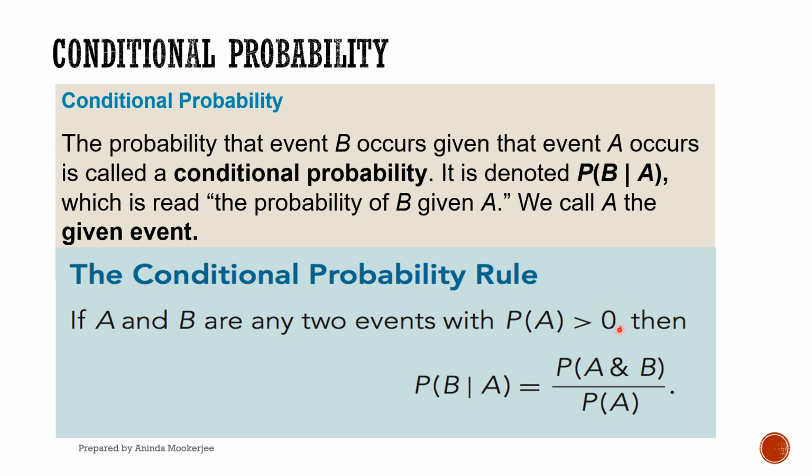It must be greater than 0, because if it is 0, the denominator of this formula is going to be 0, and that will cause the value to be undefined. That's why they have specified here that P of A must be greater than 0. So now we'll go into some exercises to calculate conditional probabilities.